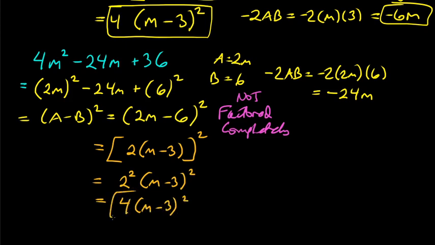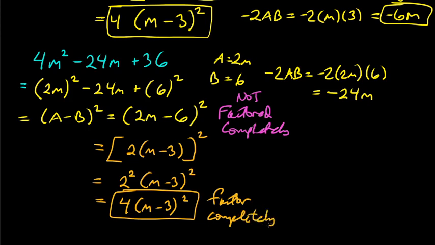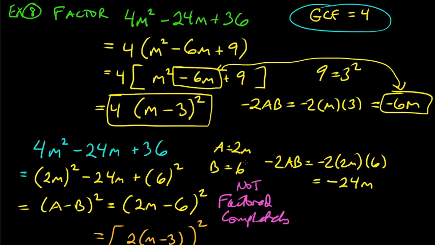And 2 squared, 2 times 2, is 4. So now we have the same answer, 4 times m minus 3 squared. Right, so now it's factored completely. And you won't lose any points as long as you factor it completely. Okay. So that's the issue with not factoring out the GCF.